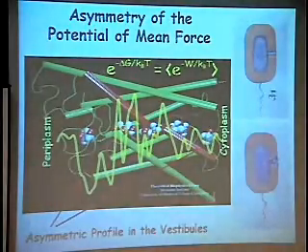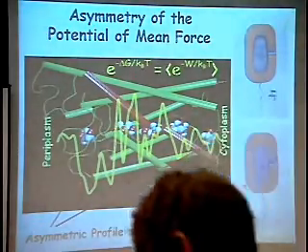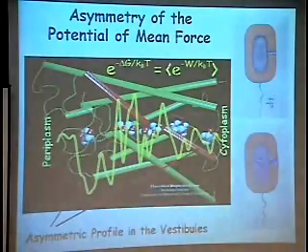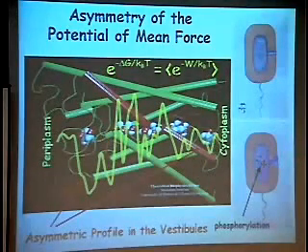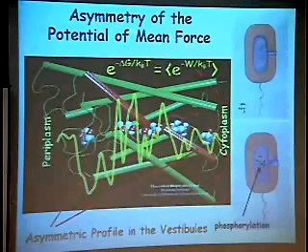This cannot be actually shown quantitatively. Again, it's a hand-waving argument. And then as soon as it is inside the cell, it becomes phosphorylated, and then it is charged. It cannot get out of the channel. So again, we cannot explain the biological implication of this asymmetric potential.